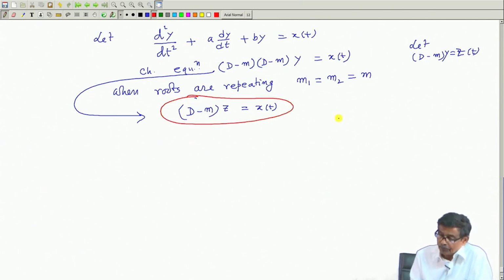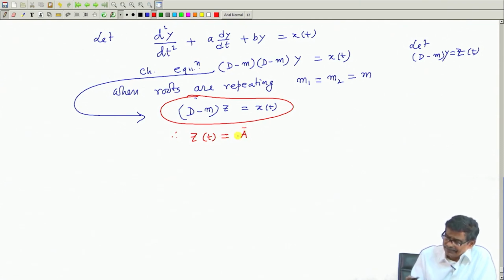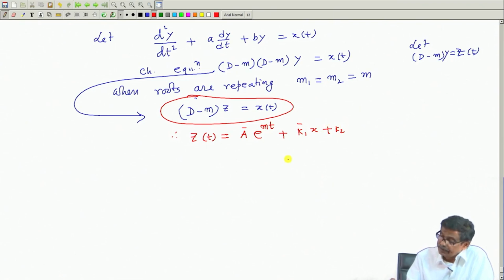Here a single root, no problem. So, I will say the solution of this one will be some a bar, some constant, you could write a also, e to the power m t, the characteristic root is m, plus k 1 bar x plus k 2 bar x dot plus k 3 bar x double dot and so on, up to infinity.